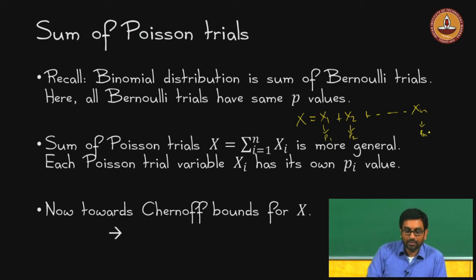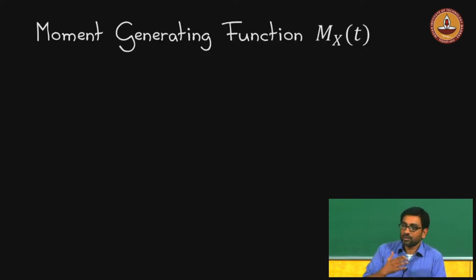Now that we have established that, we know what the sum of Poisson trials is. It is essentially the binomial distribution, generalized a little bit. Let us work out Chernoff bounds for this x, which is the sum of Poisson trials. Okay. Remember, to apply the Chernoff technique, we will need e to the t x, which means we need the moment generating function.